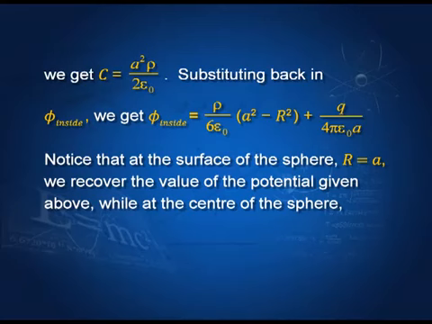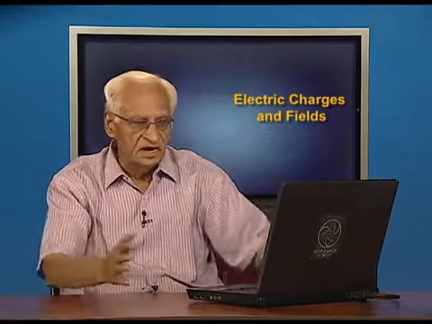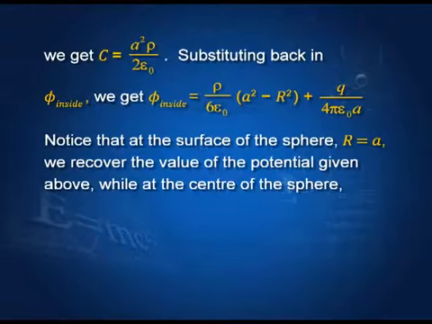If a is equal to r, that is, we are at the surface, this vanishes and we get the value at the surface. So there is no discontinuity, and the phi inside just matches with the phi at the surface, and we recover the value.